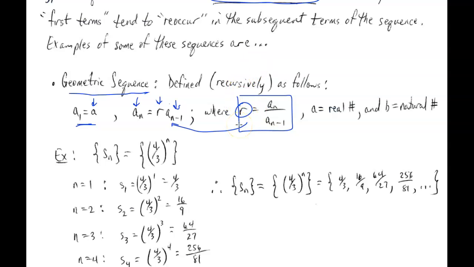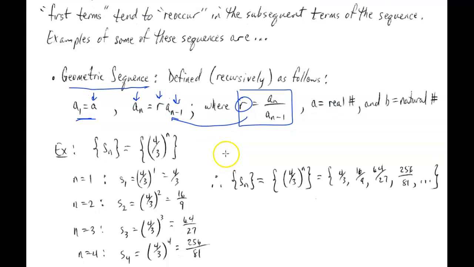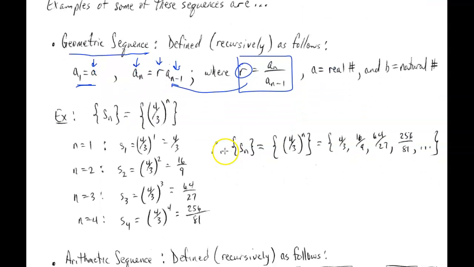represents. Okay. So for this example that I'm showing you here, we have a sequence of numbers that can be formed. And of course, you see what that list of numbers looks like. And the one thing that's in common with all these numbers is that if I was to take, for instance, 16 divided by 9 and divided by 4 over 3, I'm going to get 4 over 3.